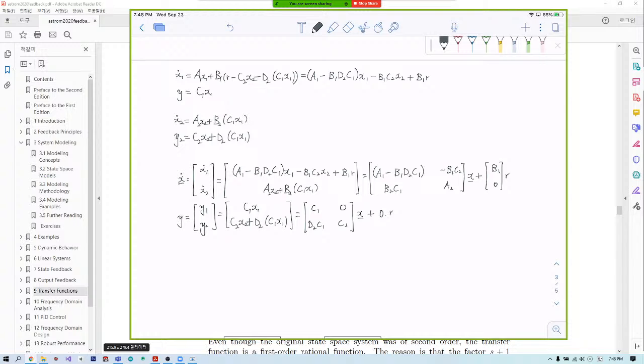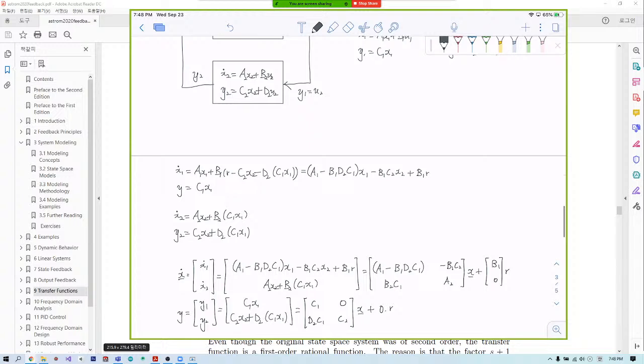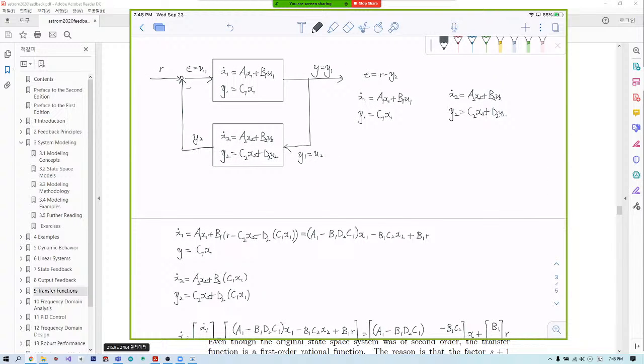Does this thing look reasonable? Because y is 1 times x1 and y2 is, it doesn't contain any r term in it. So it looks like it makes sense.